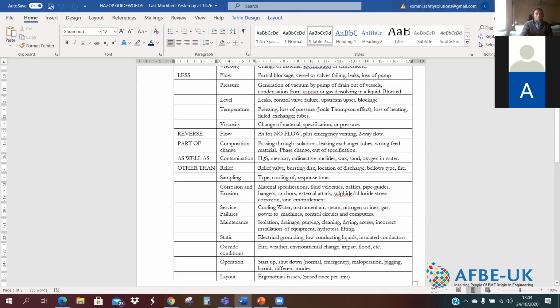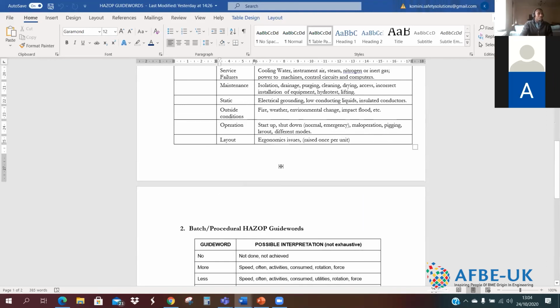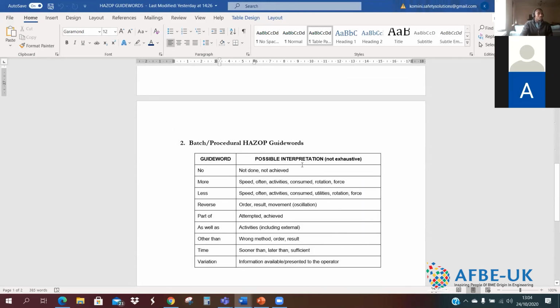Have I got the batch ones here? Yes. So guide word: no. You're looking at a procedure, for example, and a particular activity. So no is not done, not achieved. You want to open a valve, a manual valve, for example, as part of a startup process.